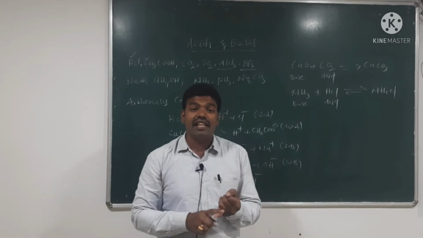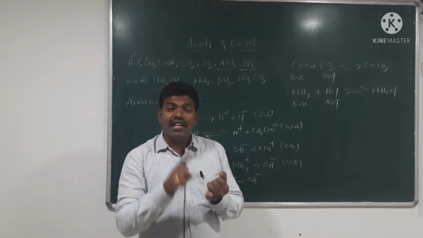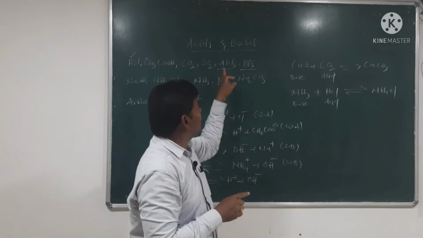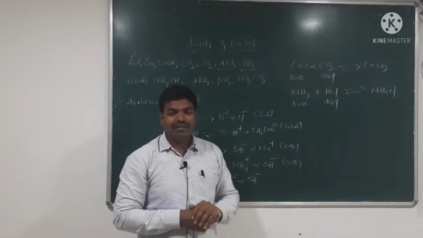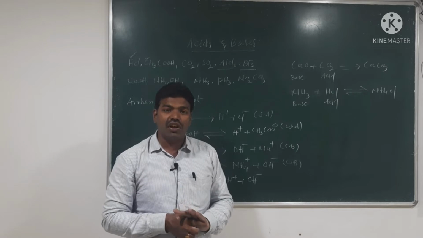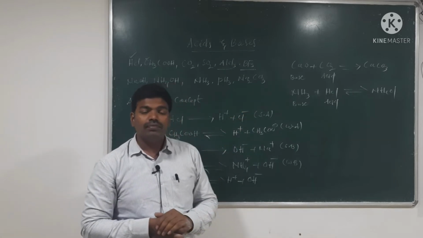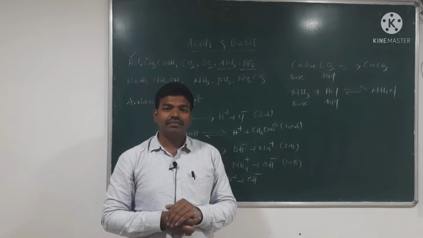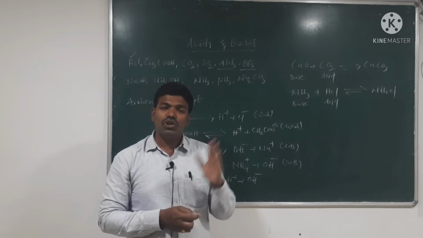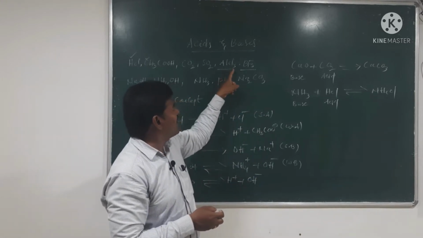Therefore, Arrhenius theory fails to explain the acidic nature of compounds like AlCl3 and BF3, and the basic nature of CaO and NH3.